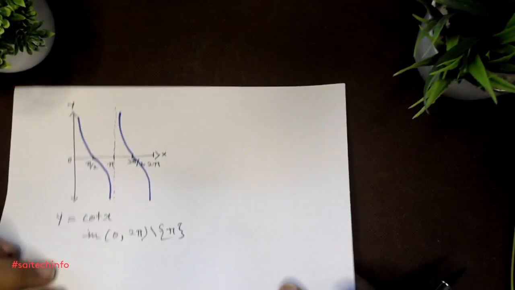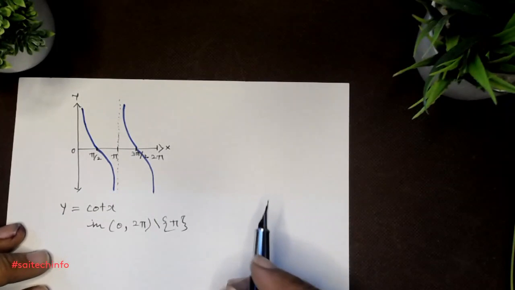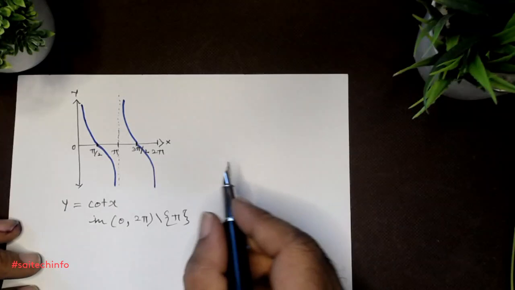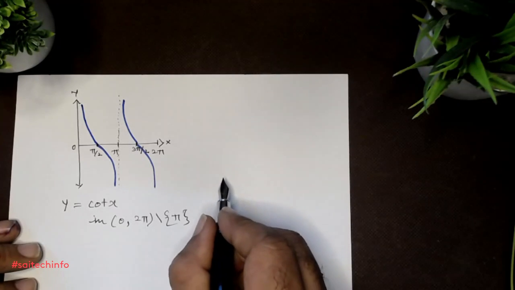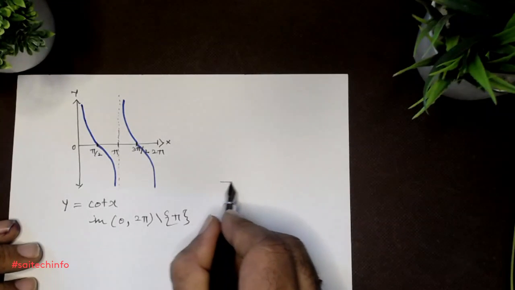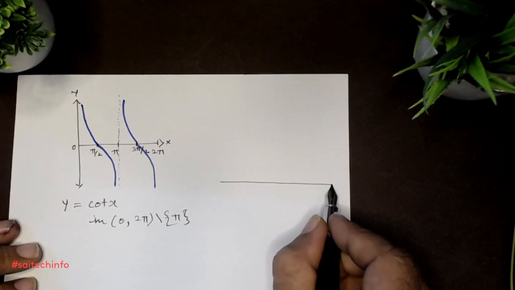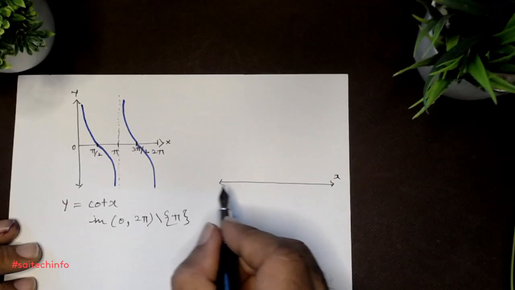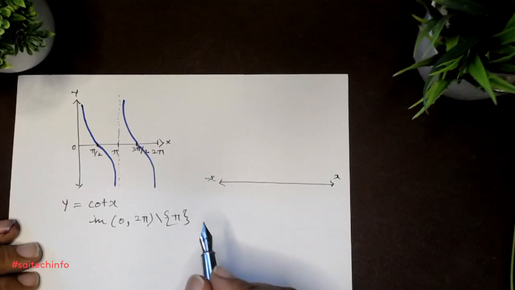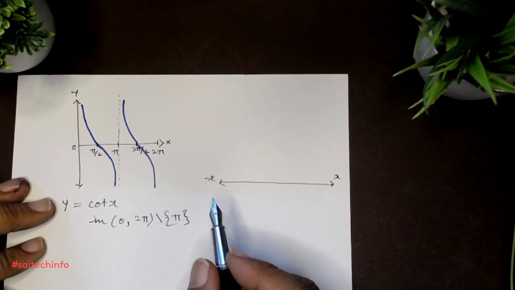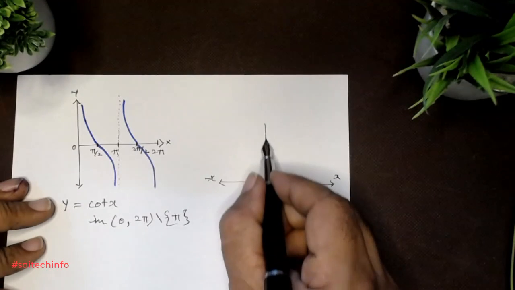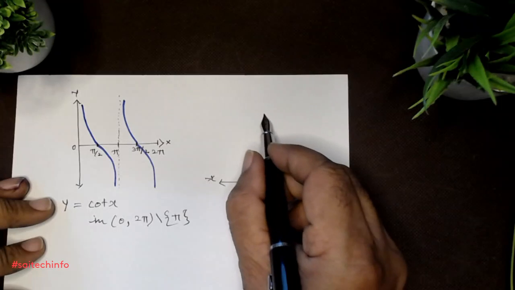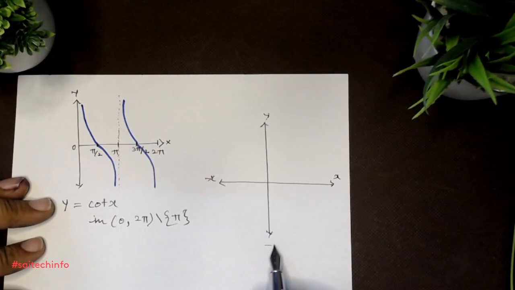Now let us have another graph: y is equal to cot x with the complete values. Let me draw here. This is the x-axis, this is minus x, the domain, and the range y-axis. So this is y, this is minus y.